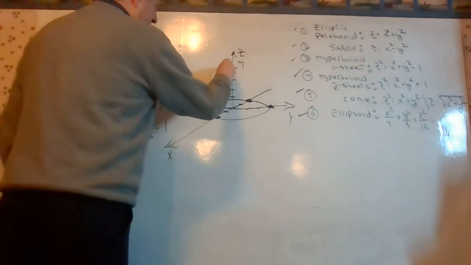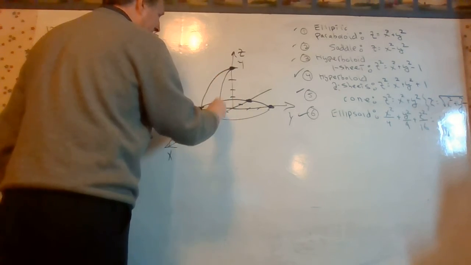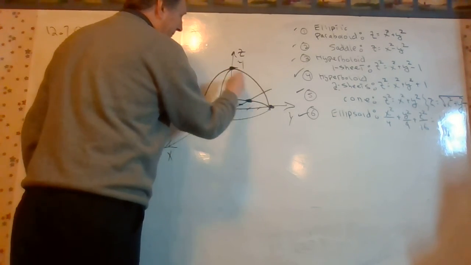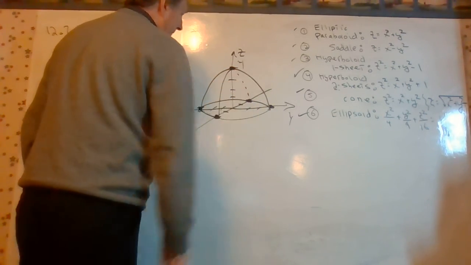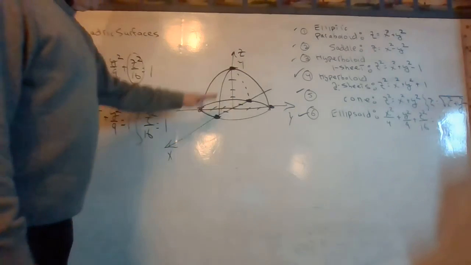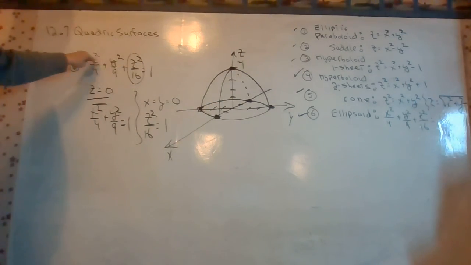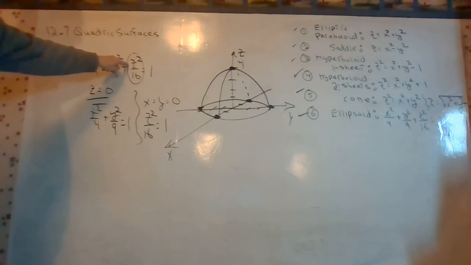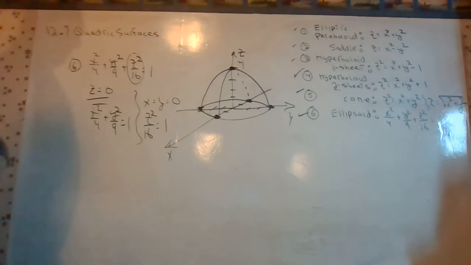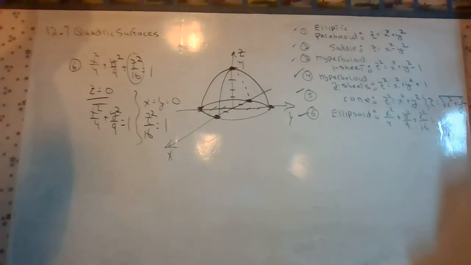Well, the simplest way to sketch this is connect the z-intercept with the intercepts in the xy plane, and there we have it, our ellipsoid. We'd end up with a similar shape on the bottom, since z squared, for any xy ordered pair, you have a plus or minus z solution. So, but I'll just leave it at that, so the drawing doesn't get too complicated.